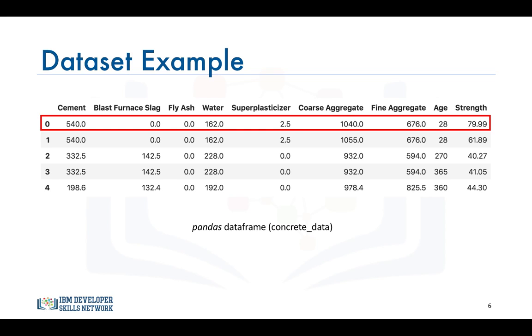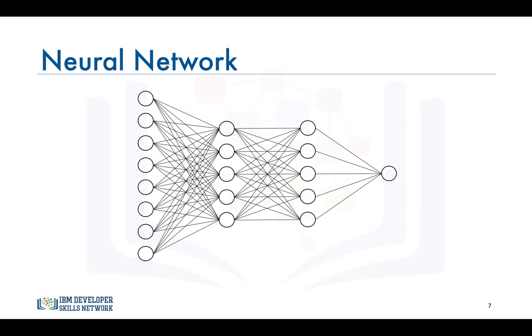So let's say we would like to use the Keras library to quickly build a deep neural network to model this data set, so we can automatically determine the compressive strength of a given concrete sample based on its ingredients. So let's say that the deep neural network that we would like to create takes all the 8 features as input, feeds them into a hidden layer of 5 nodes, which is connected to another hidden layer of 5 nodes, which is then connected to the output layer with one node that is supposed to output the compressive strength of a given concrete sample.